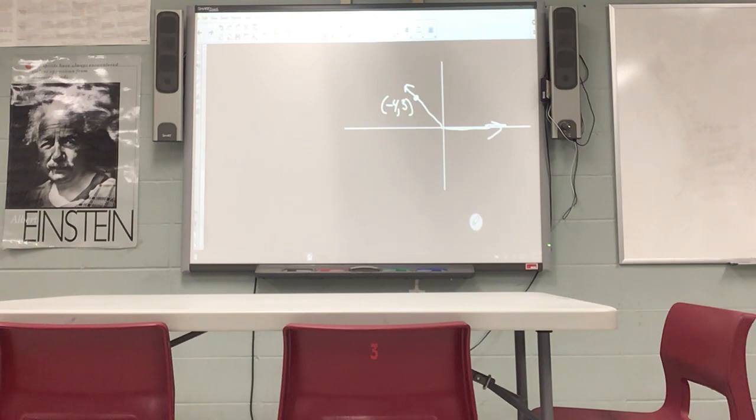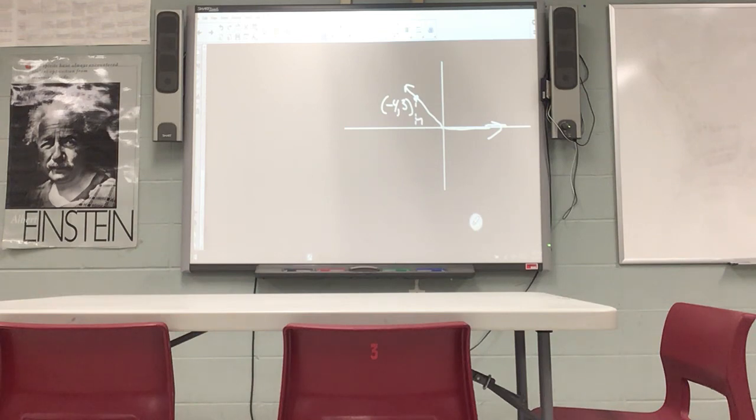To find an R, we have to realize that we can form that right triangle right there. So we start thinking about the Pythagorean Theorem.